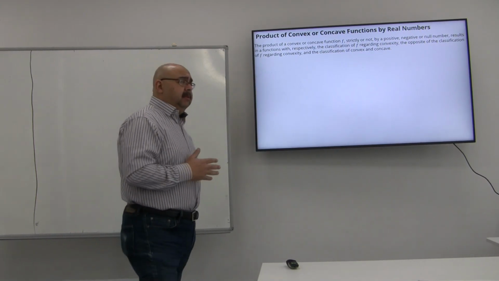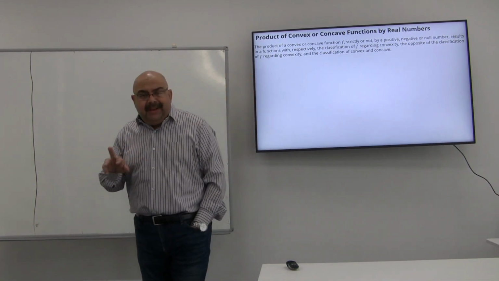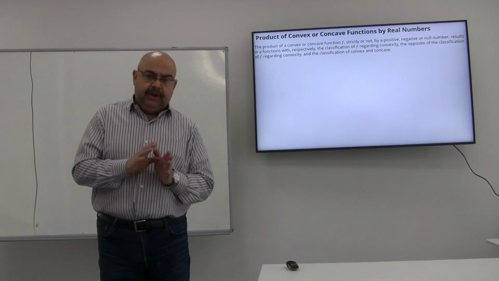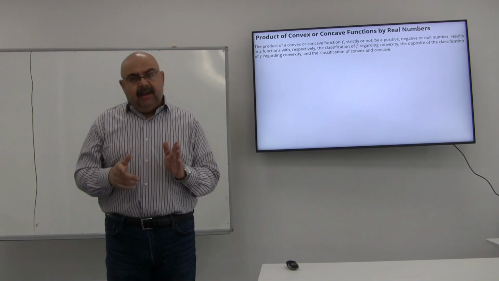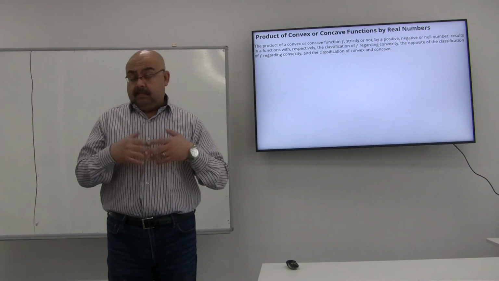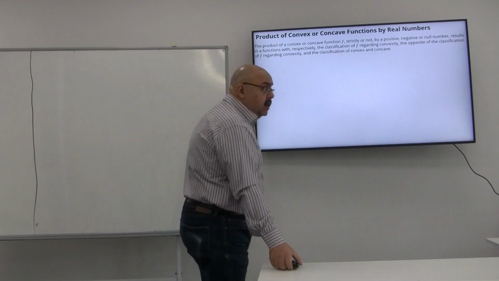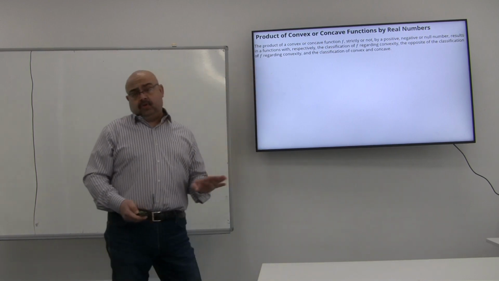And if we multiply by a negative value, this convexity will take the opposite. So if your function is convex and you multiply by a negative value, it's going to be a concave function. If you multiply by 0, you will come to the case which is not concave, not convex.